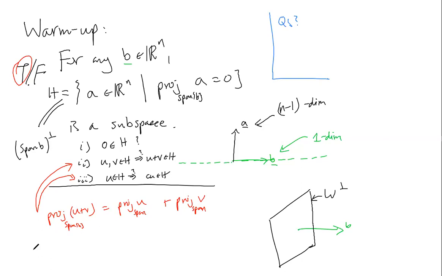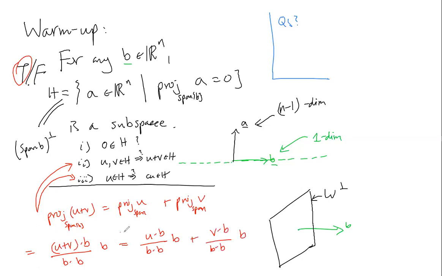So if we just write each side with its formula, you get U plus V dot B over B dot B, B. Here's U dot B, and here's V dot B.